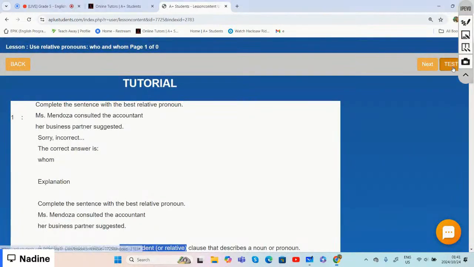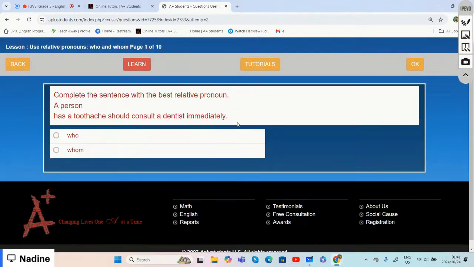where we are going to choose either who or whom. All right.